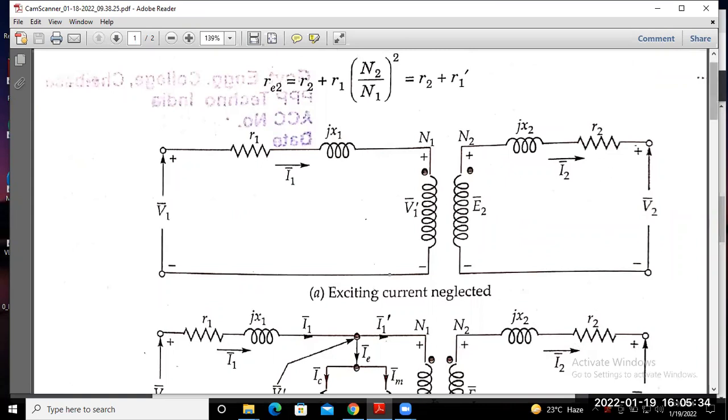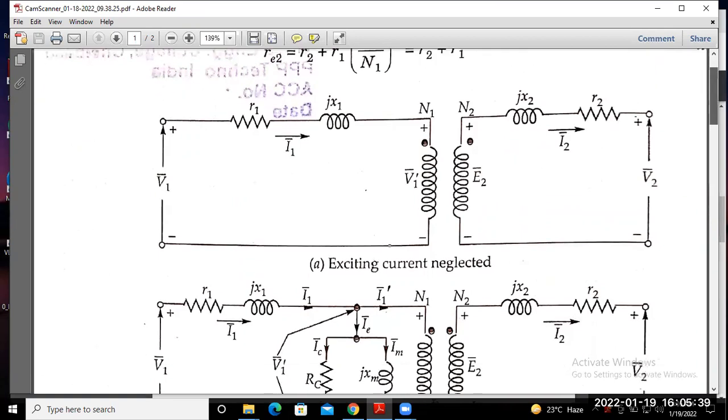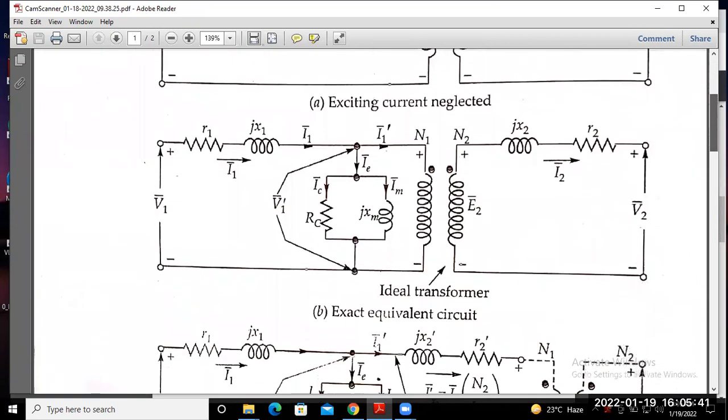Okay. So when the exciting current is neglected it is this way, but when we consider the exciting current, then this is the exact equivalent circuit of the transformer. That means I1 consists of two components. One is I1 dash, which is the load current component, I2, that is I2 N2 equal to I1 N1.